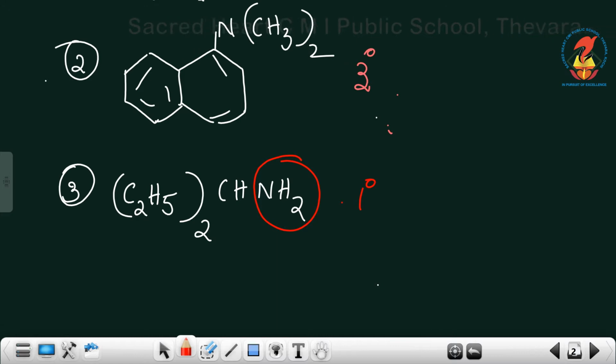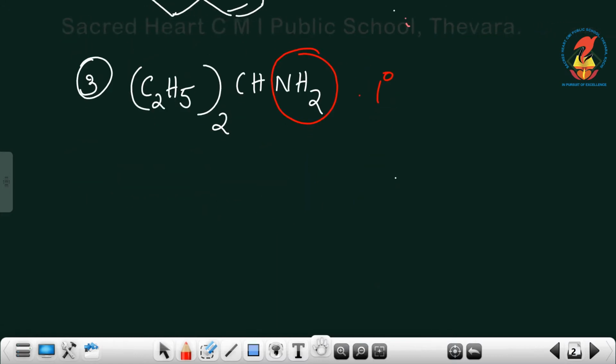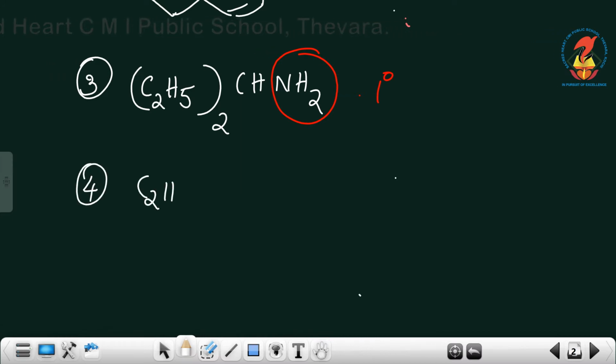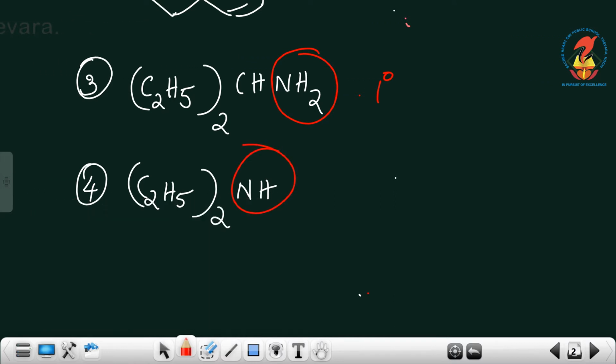And the last question is (C2H5)2NH. Again, look at the nitrogen atom. Here it is NH. So with only 1 replaceable hydrogen atom, or if it is NH, we can write it as a secondary amine. So this is about the classification of amines.